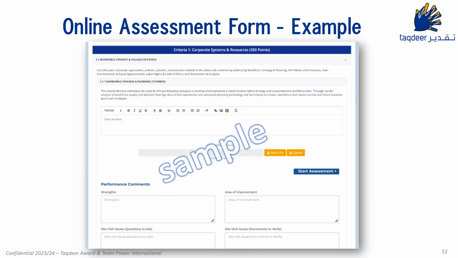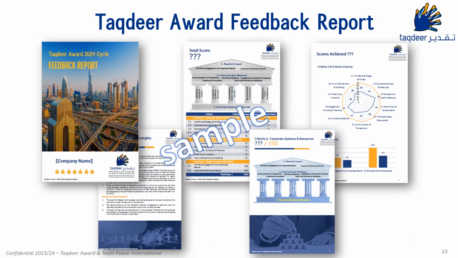Based on the desktop assessment and site visit findings, assessors will complete the Taqdeer assessment form. In this online form, they will input key strengths, areas for improvement, and site visit issues, along with their assigned performance level and scores. One of the most valuable benefits of the Taqdeer Award is the Independent Professional Assessment Feedback Report.